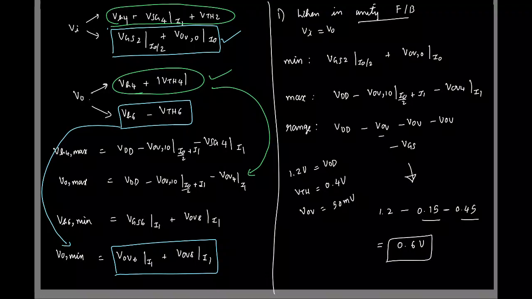So the folded cascode offers better swing, especially when you put it in unity feedback.